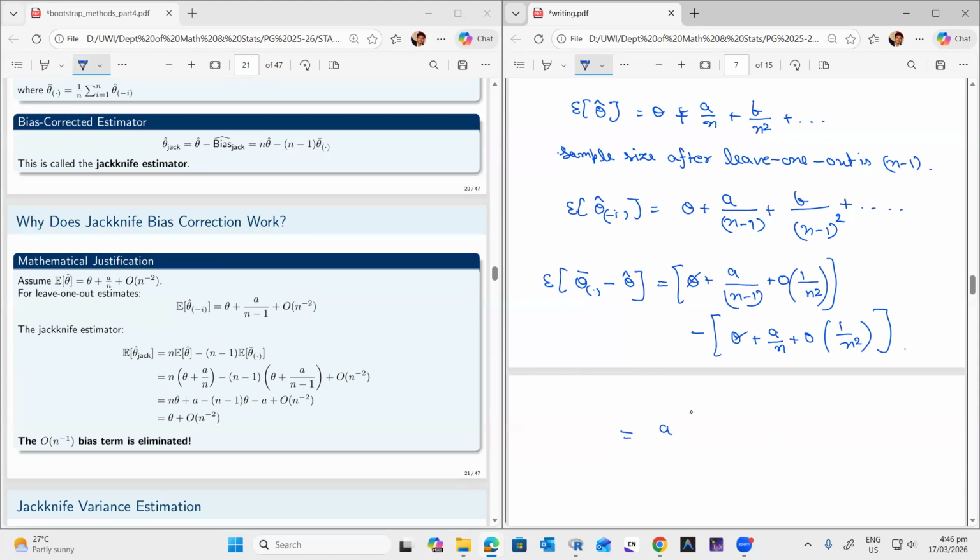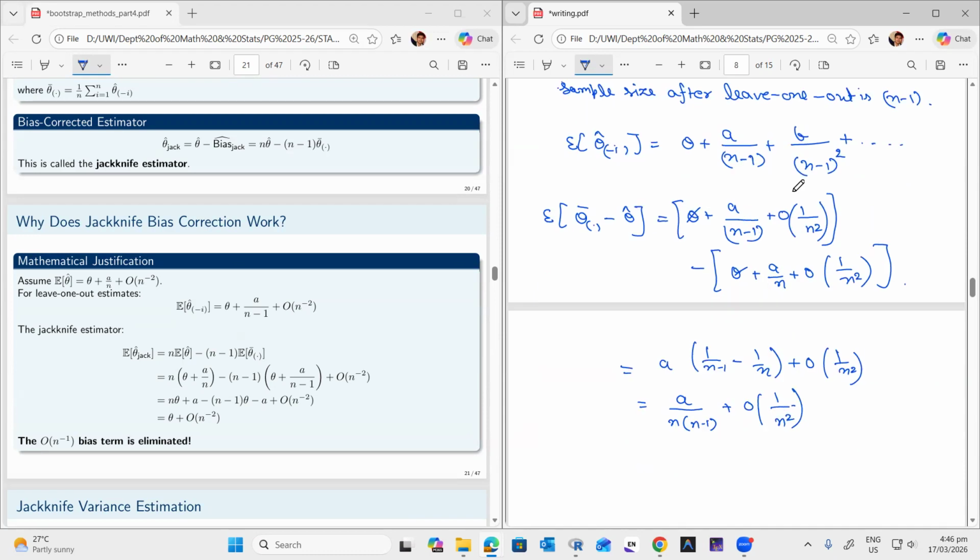So you have a into 1 upon n minus 1 minus 1 upon n plus order of 1 upon n square. When you solve it, it will be a upon n into n minus 1 plus order of 1 upon n square.